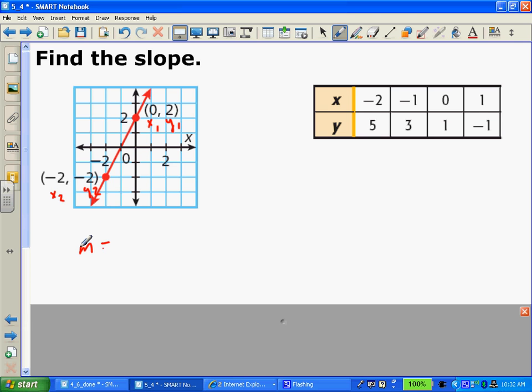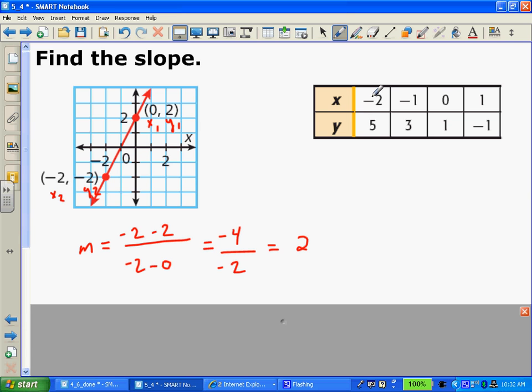And then we put them in our formula. So we have negative 2 minus 2, y2 minus y1, and negative 2 minus 0, x2 minus x1. So negative 2 minus 2 is negative 4. Negative 2 minus 0 is negative 2. And that will give us a slope of 2. And that's how I do it if I'm given a graph.